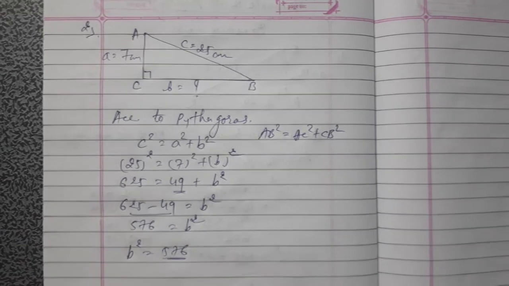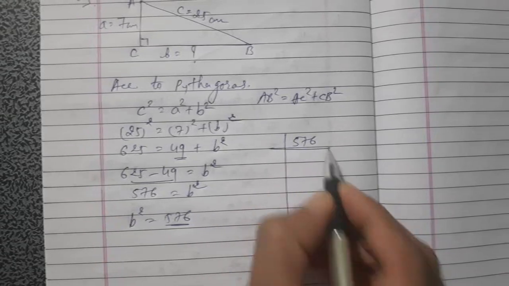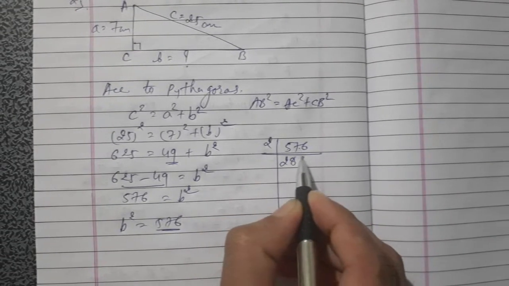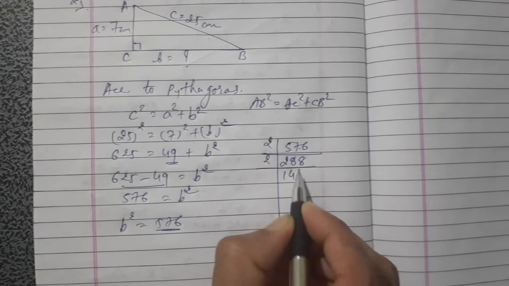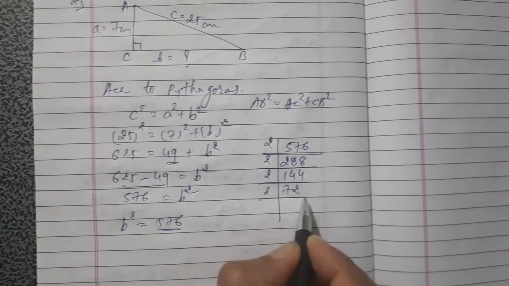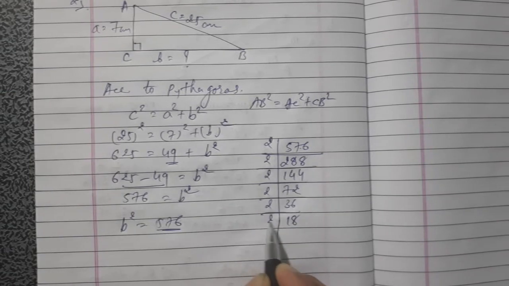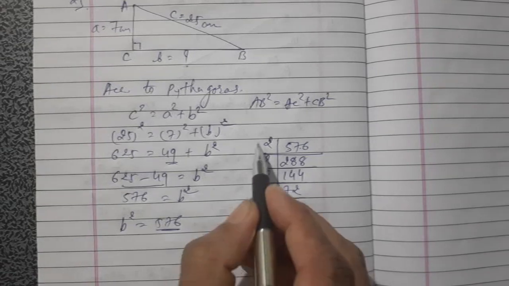Now write this one into square form. For that, just factorize it. 2 twos are 4, 2 fours are 8, again 2, 144, then again 2, 72, again 2, 36, again 2, 18, 2 nines are 18, 3 threes are 9, and 3 ones are 3. Make pairs of 2's here.